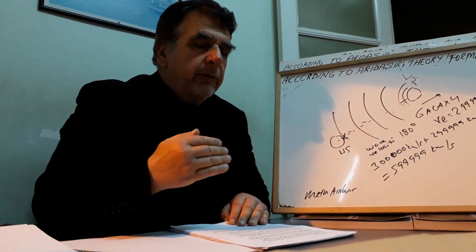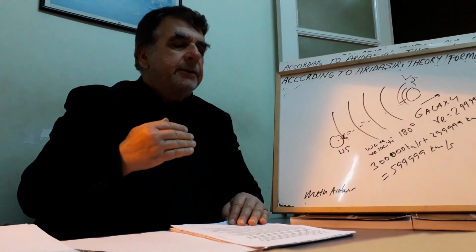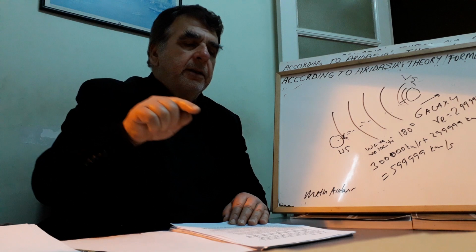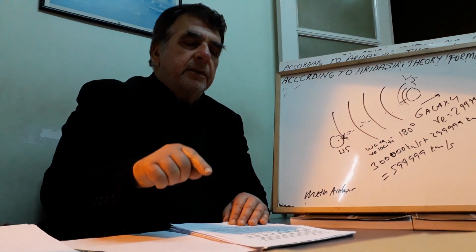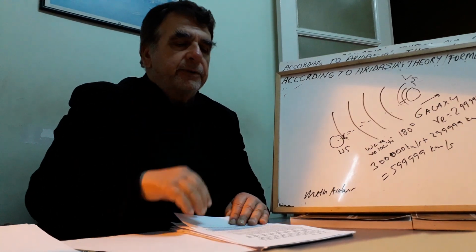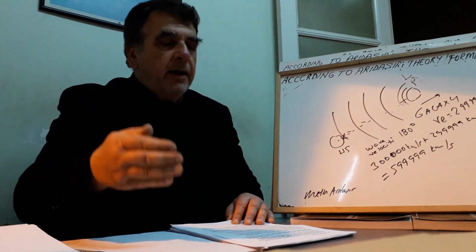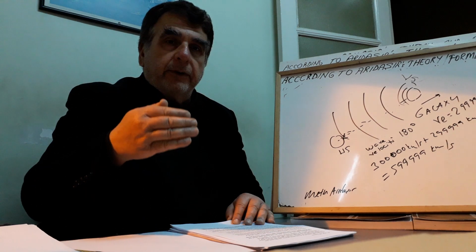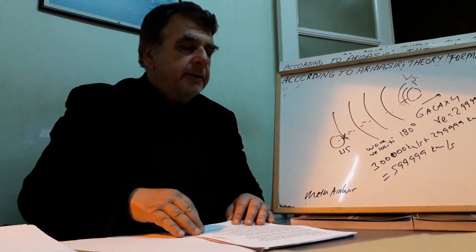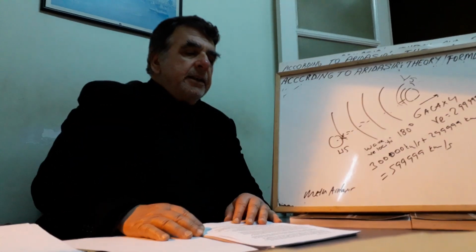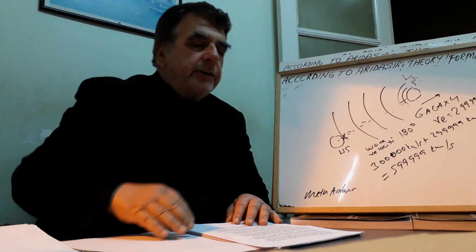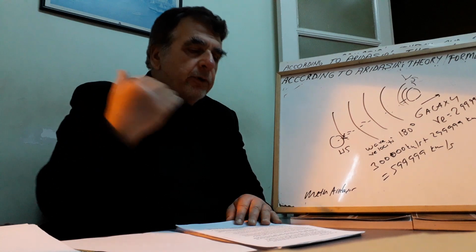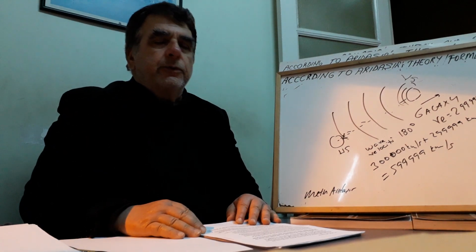Light will arrive to us in half a second, but the galaxy will recede, moved away from us 150,000 kilometers per second, half the value of the speed of light. This means distant galaxies and all galaxies are nearer to us much more than you expected and than you calculated.